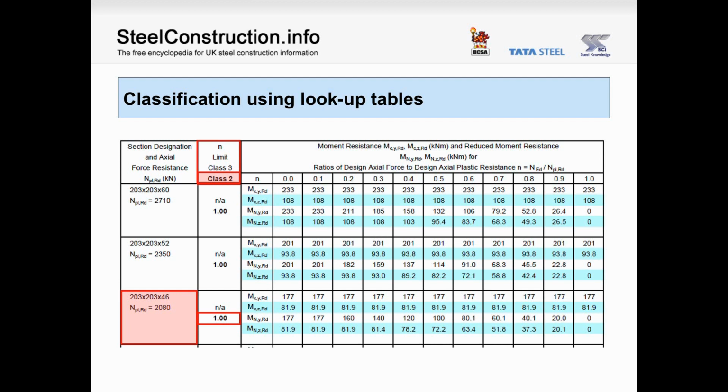For our particular section, the level of axial load when the section becomes not class 2 is a ratio of 1, which means that for any level of axial load, the section is at least class 2. So the use of the lookup table would have circumvented the use of the various sheets in the Eurocode and checking the limits against the actual ratios. We can use this simple lookup table if we wish.